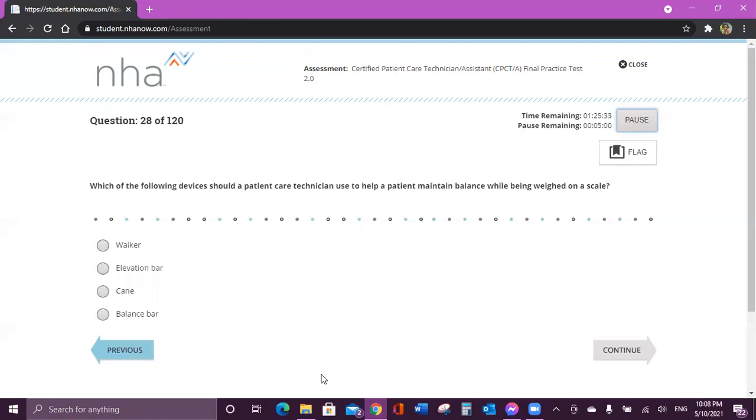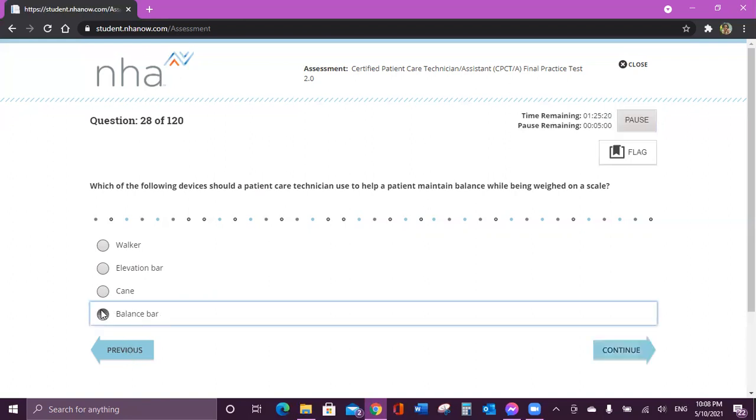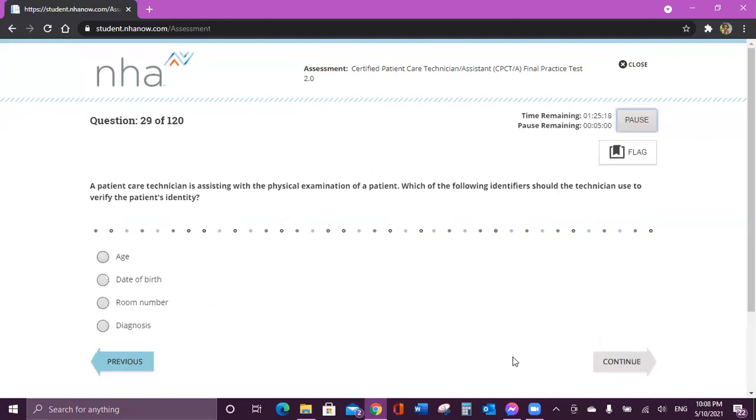O un walker. No, porque está teniendo... Balance bar, yeah. Por eso fue que te lo leí de nuevo. El balance bar. Yo después dije, no, espérate, que está diciendo que lo va a pesar. Si pone un walker, va a pesar el walker también.